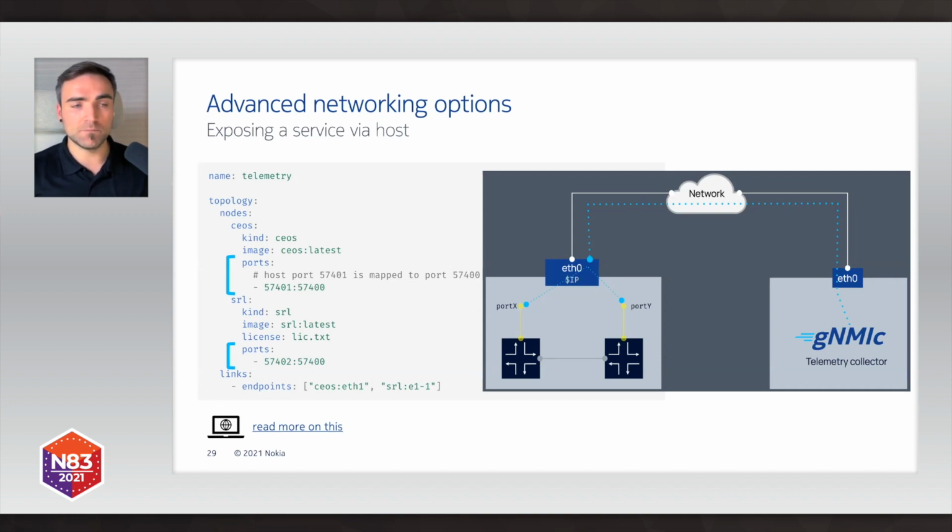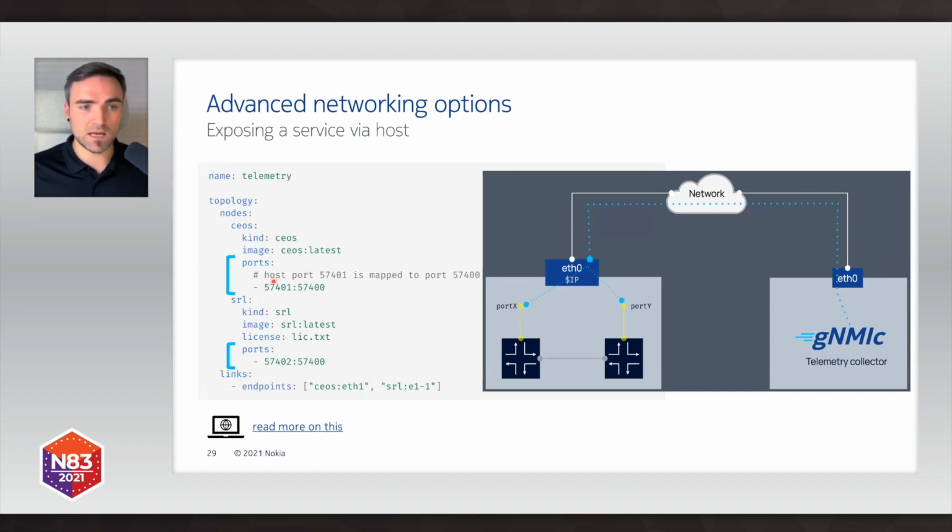The first one is exposing a service, which is done through the ports command inside the topology. Because we work with containers, we can leverage the port exposure, and Containerlab, of course, can leverage that. For example, if you have telemetry running on your nodes, and I have two nodes here on the right-hand side in the diagram, both of them running gNMI over port 57400, I can expose those gNMI services to the host port using the ports instruction right here.